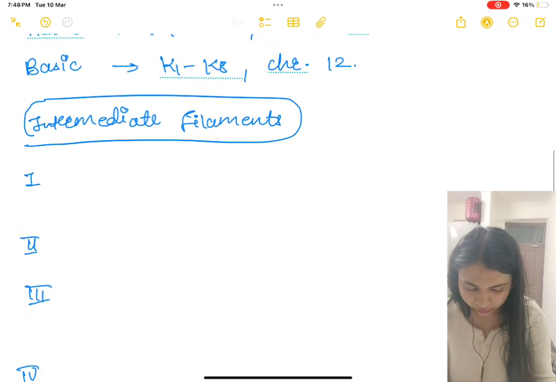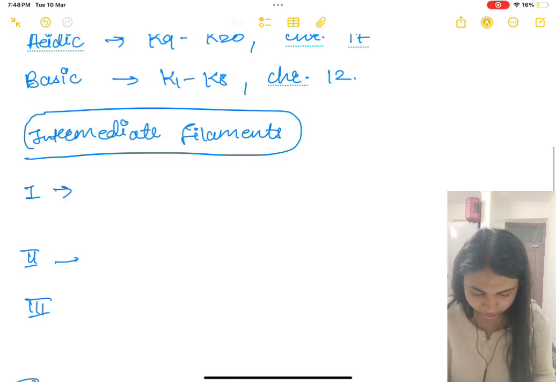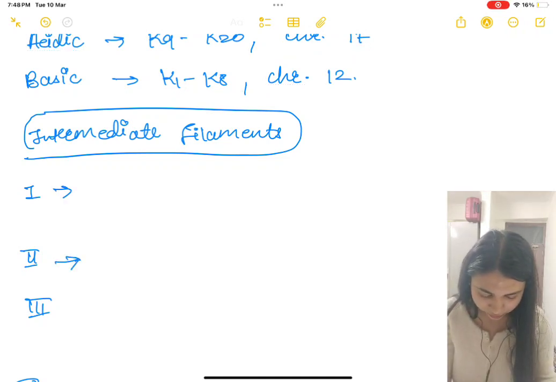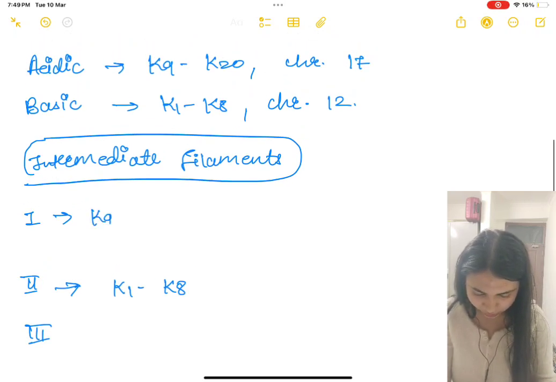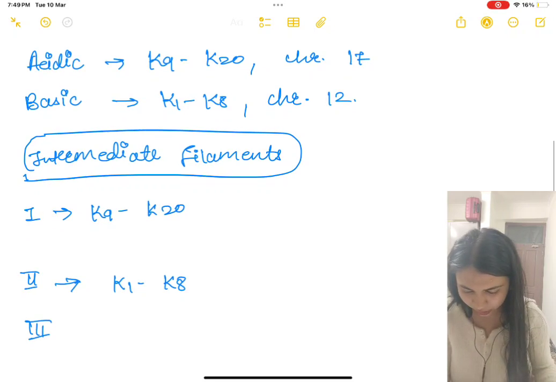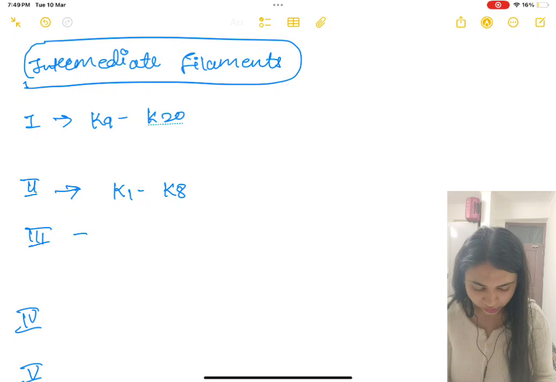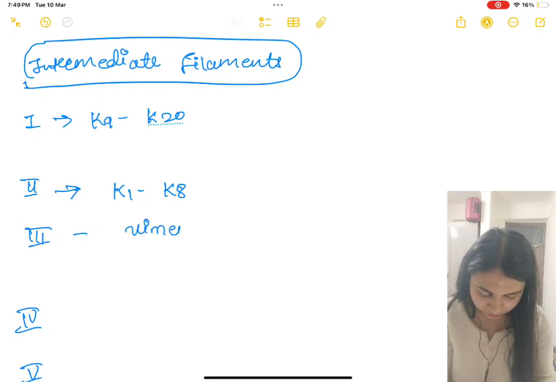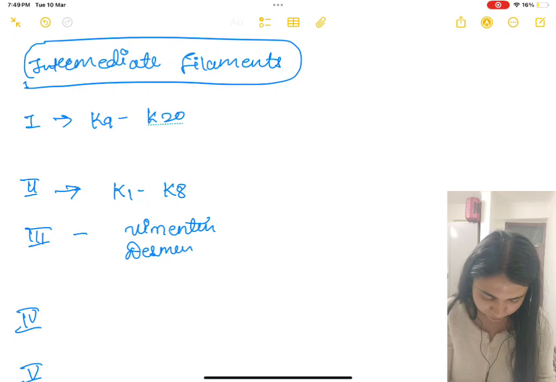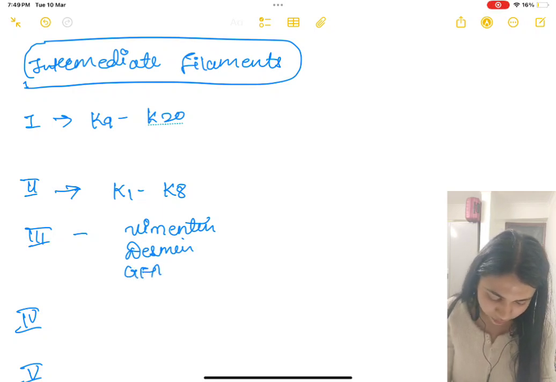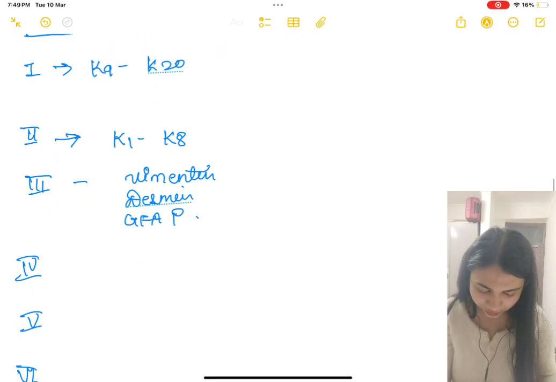The basic keratin, K1 to K8, is type 2, and the acidic keratin, K9 to K20, is type 1. Now type 3 is your vimentin, your desmin, then your glial fibrillary acidic protein and your peripherin.